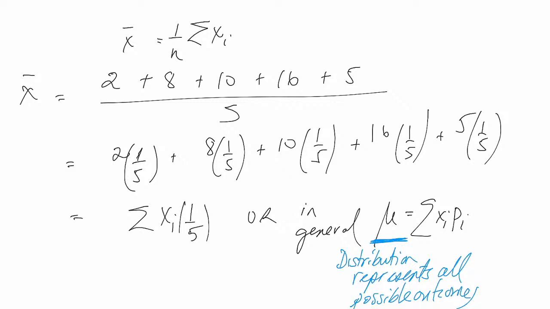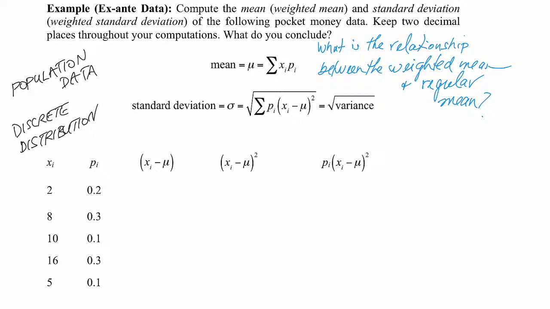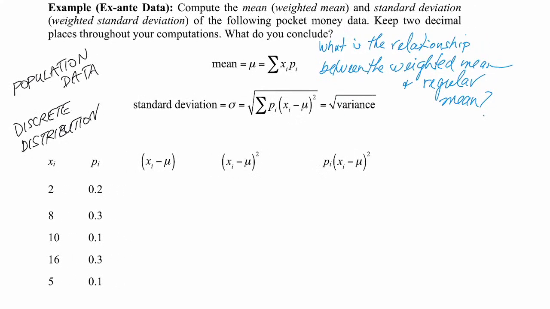All right, so I feel like I have to write neater, but it takes too much time. Okay, so what we're going to do with this distribution is compute the weighted mean and the weighted standard deviation.